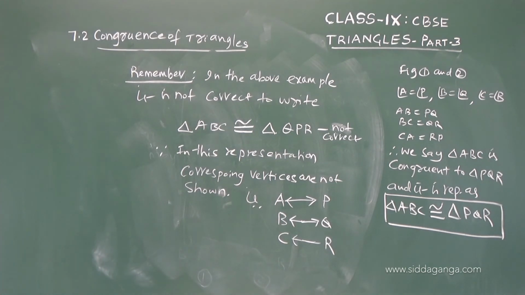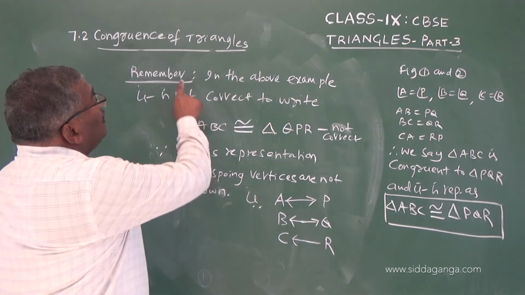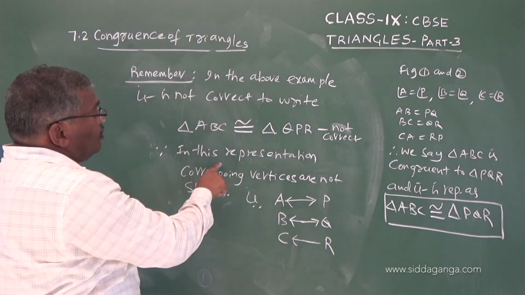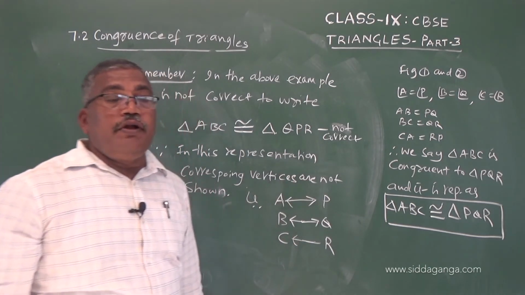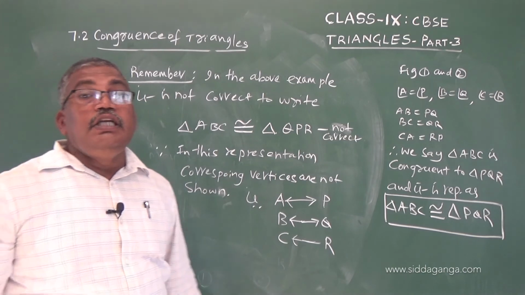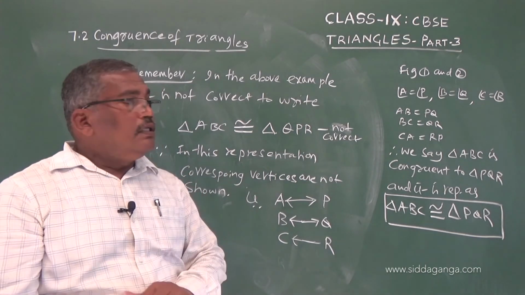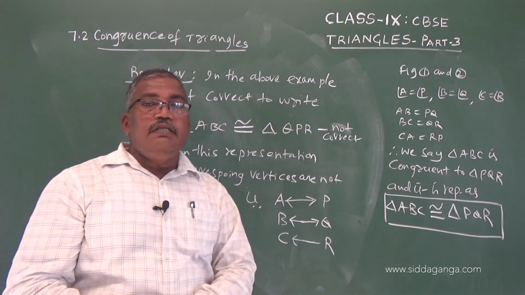One more thing I wanted to tell you here. In congruent triangles, if two triangles are totally equal in all respects, 3 parts of the first triangle are equal to 3 parts of the second triangle.